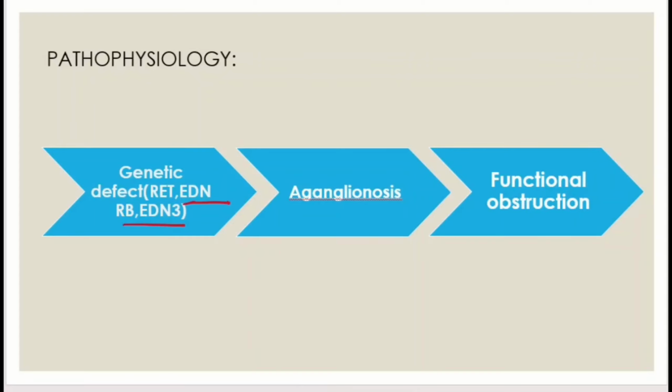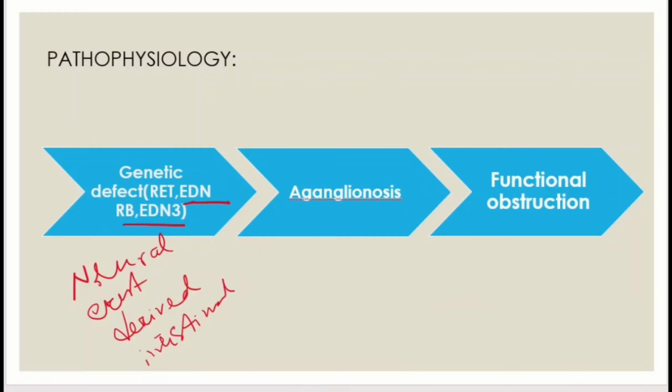That is, neural crest derived intestinal neurons now cannot move caudally. So neural crest derived intestinal neuron migration is affected because of these genes. So what will happen? It will lead to aganglionosis of the distal bowel loop.